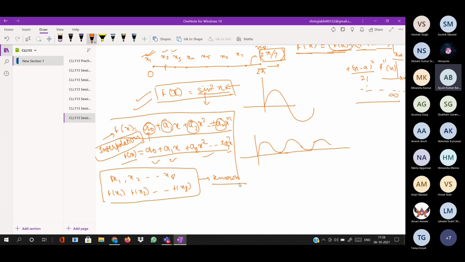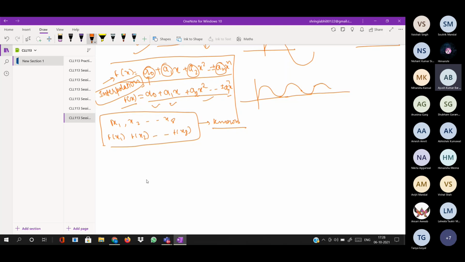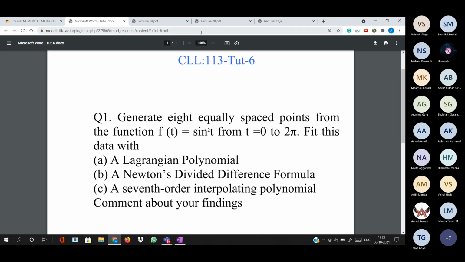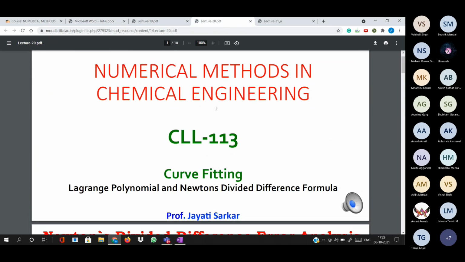Sir, we can put the values of x and then use Gauss elimination or Gauss Jordan. Yes. So when we put the value of x1 here, it will become like, I'll show you here only. Interpolation.